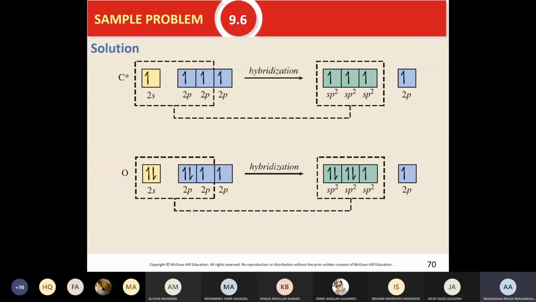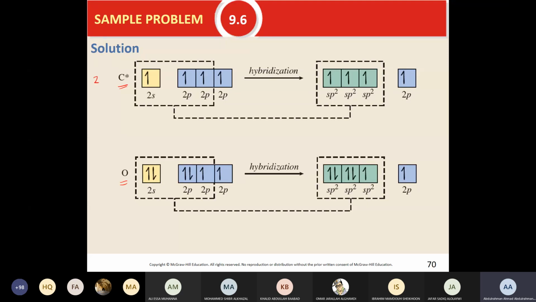Very good. And that's how the mixing will take place for the carbon. This is for the carbon, and this is for oxygen. Can you see here? In the carbon, there was 2s with 2p to make 3 empty orbitals like this, and 1 with p. But for the oxygen, we have 6 orbitals.